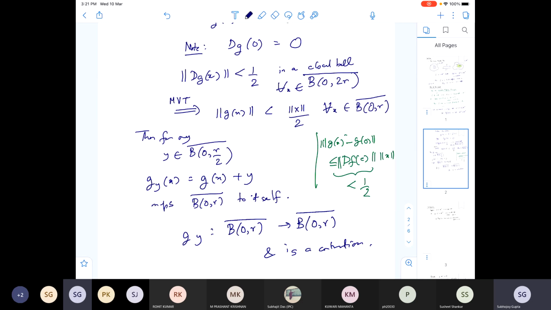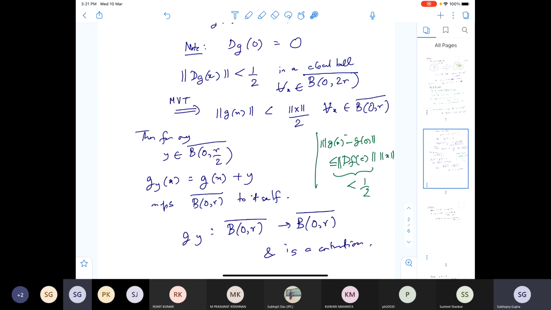So this little g is a contraction, right? Because it's less than half times, so it's a contraction on this domain.